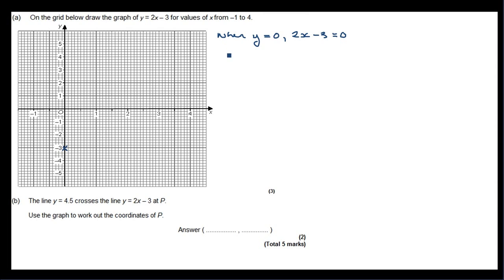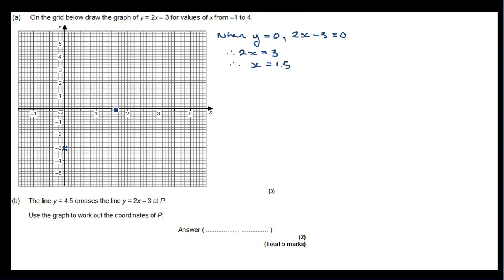So we've got 2x minus 3 equals 0. We want that minus 3 to appear on the other side as a positive 3, so we add 3 to both sides. Now 2x minus 3 plus 3 eliminates the minus 3, and 0 plus 3 gives us 3 on the right hand side. Then if we divide both sides by 2, we eliminate the 2 on the left hand side, and we get x equals 3 divided by 2, which is 1.5.